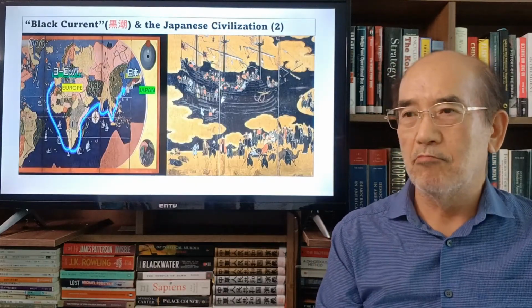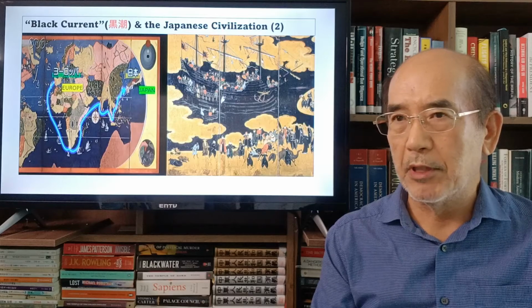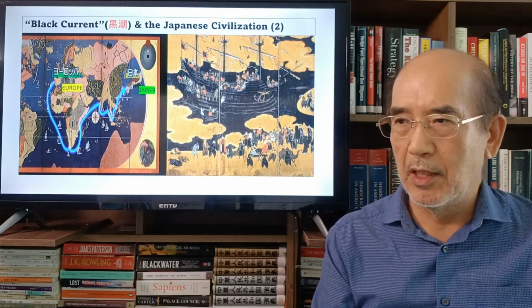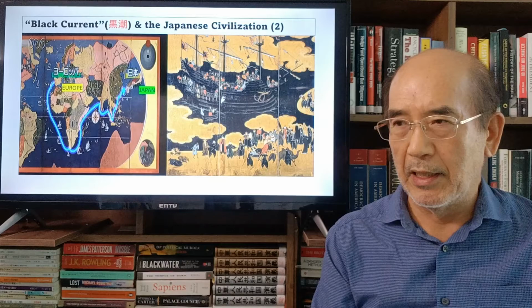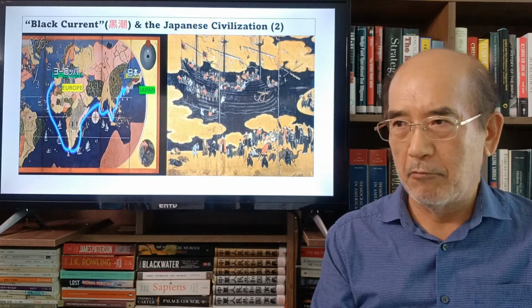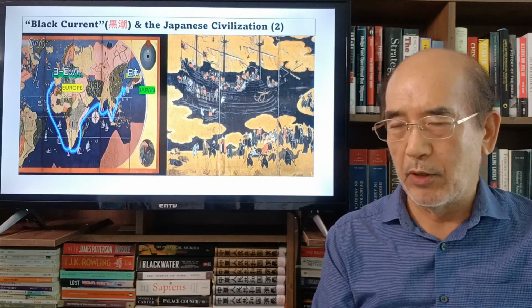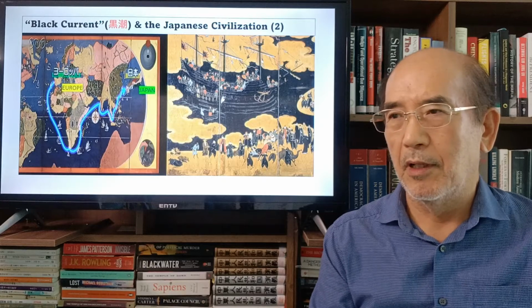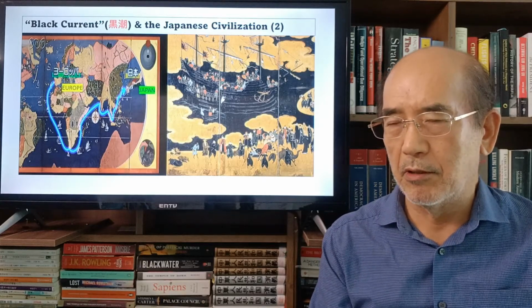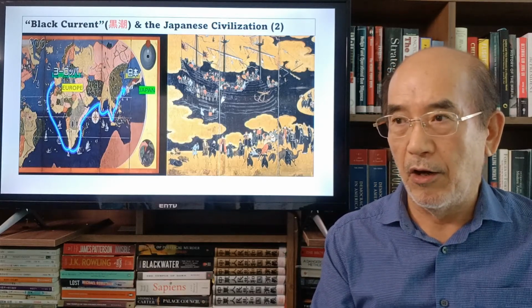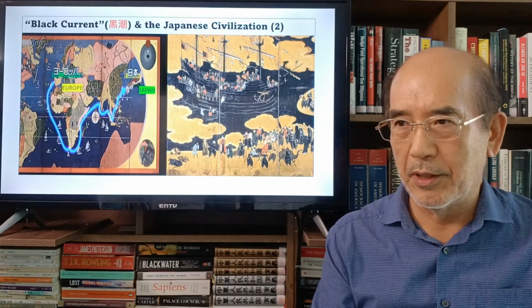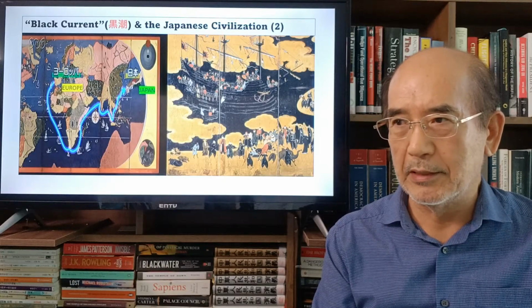So this actually has a huge impact on the Japanese side. Particularly, Japanese civilization actually was initiated by the visit or invasion of Western forces. So Westernization of Japanese culture was far earlier than the Korean case.